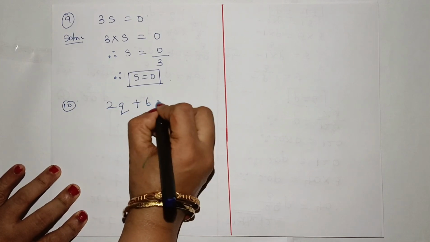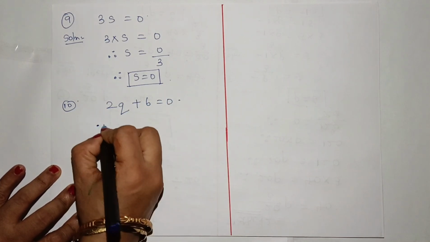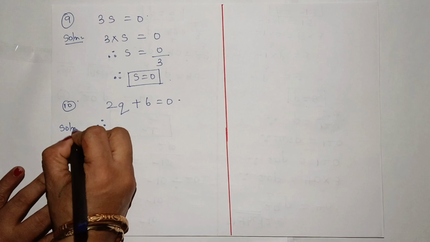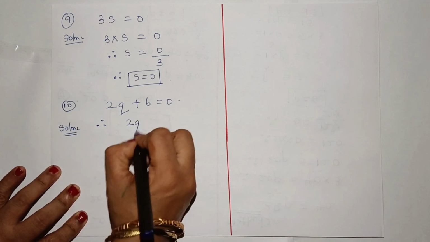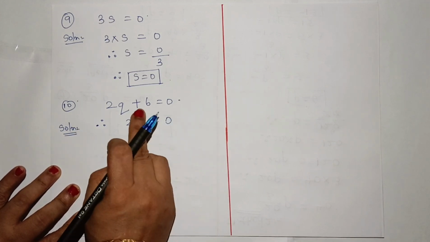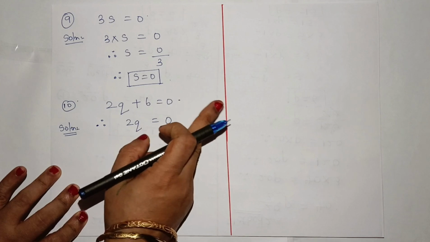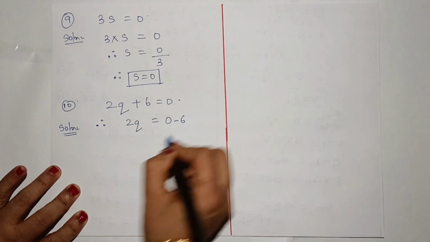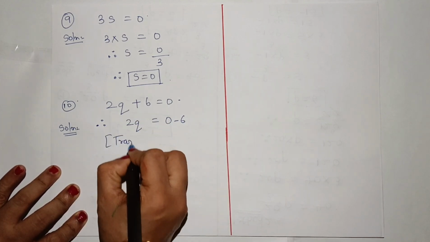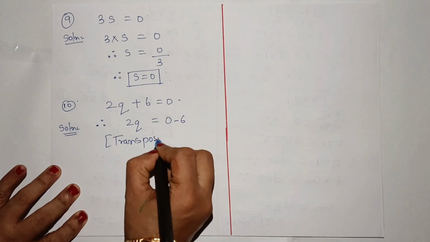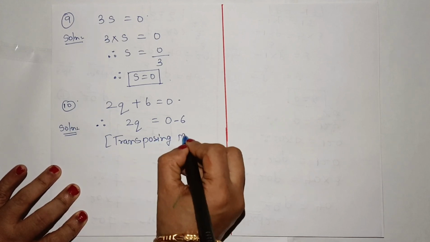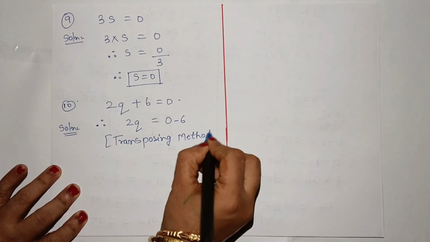2q plus 6 equals 0. First, find the solution of 2q. Now, here what you have is 0. Shift this plus 6 to that side, RHS, it becomes minus 6. So, here you have used which method? Transposing method. This method is called what?